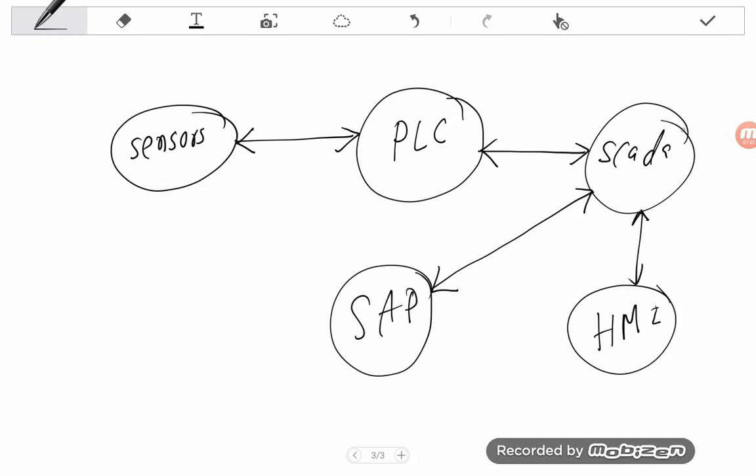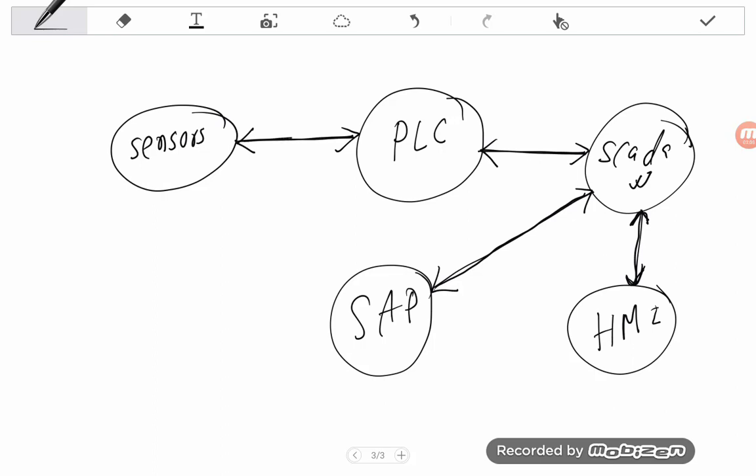The database is kept inside the SCADA. So in every part of the whole system there are communications, and each communication has a protocol.